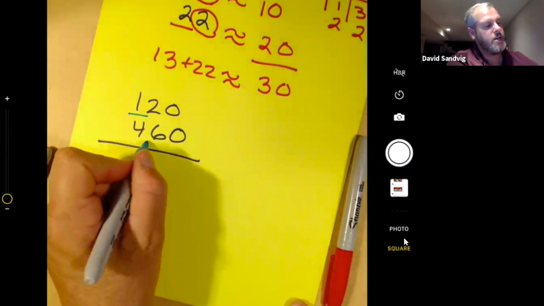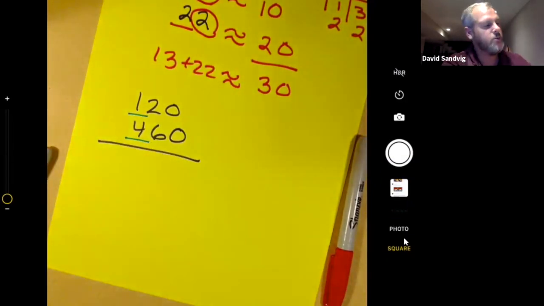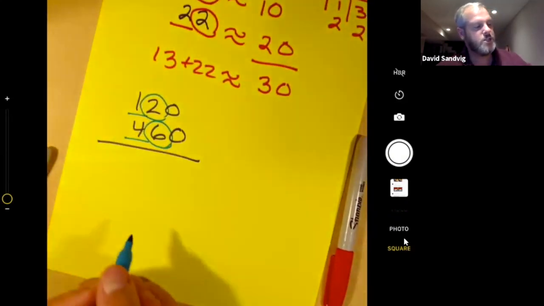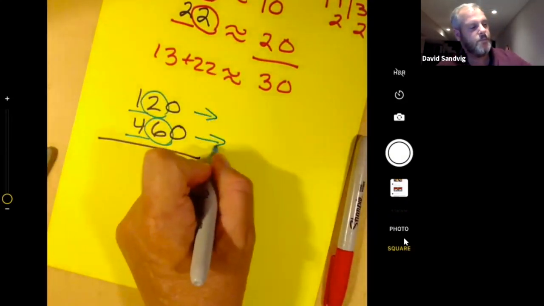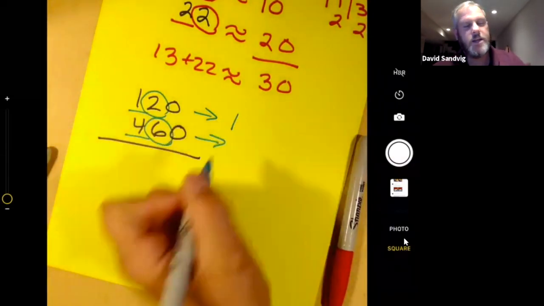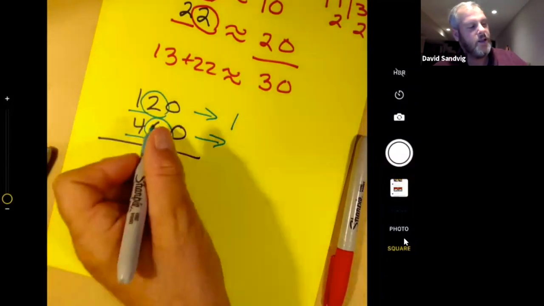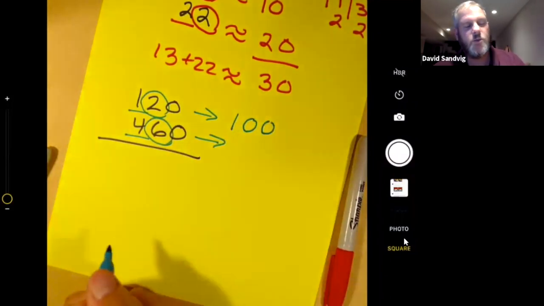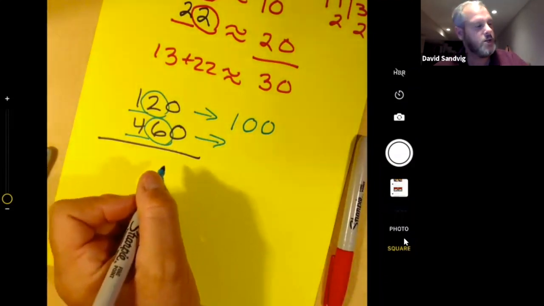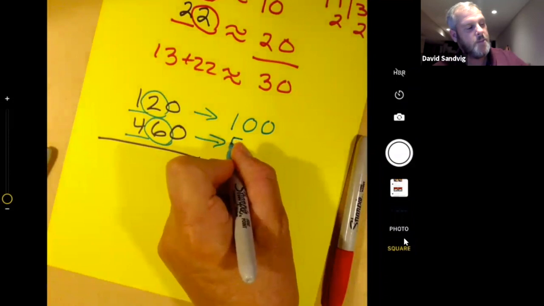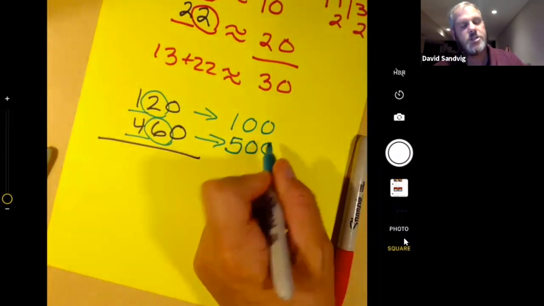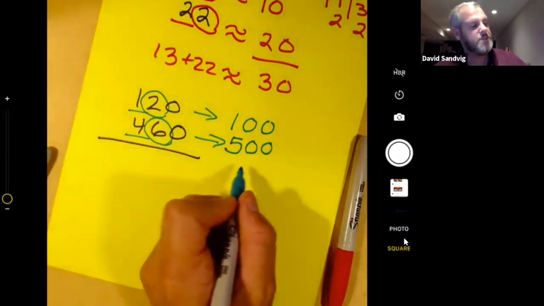We underline the number that's on that place value, circle the number to the right, and ask the questions. 2 is 4 or less, so the 1 stays the same, and all of the digits to the right of the 1 become 0. 6 is 5 or more, so the 4 goes up by 1. The 4 becomes a 5, and all the numbers to the right of the 4 become 0.